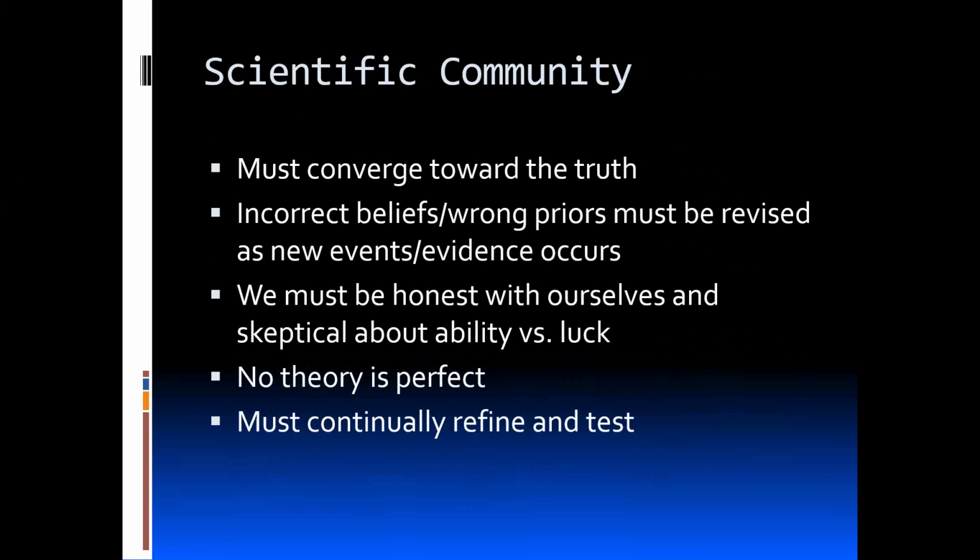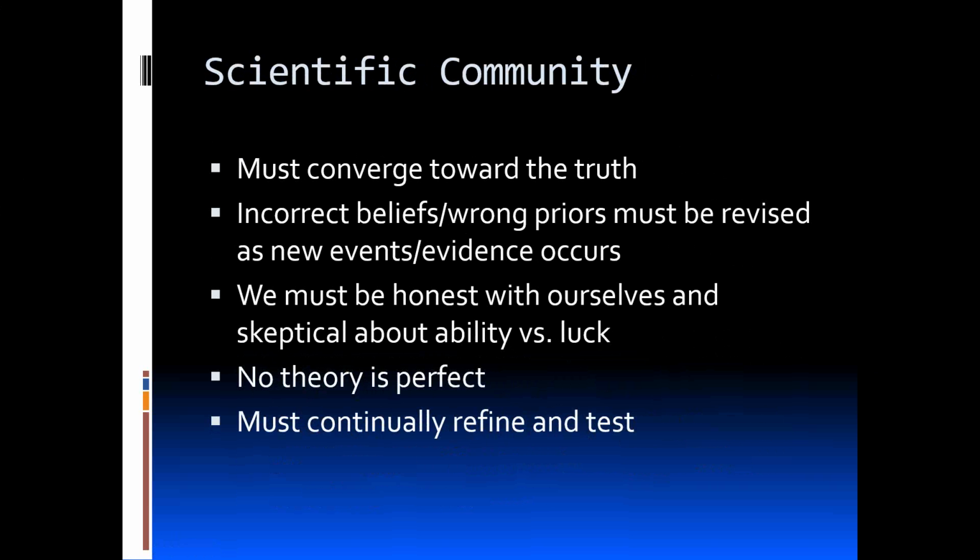Part of the reason is, well, we've always done it that way. But another problem is that we have to be honest with ourselves and skeptical about our abilities and listen to others, which is sometimes a very difficult thing to do. It would seem on the surface that there are not a lot of egos in medicine, but let me tell you, whether it's naturopathic, allopathic, there are a lot of egos involved in medicine.